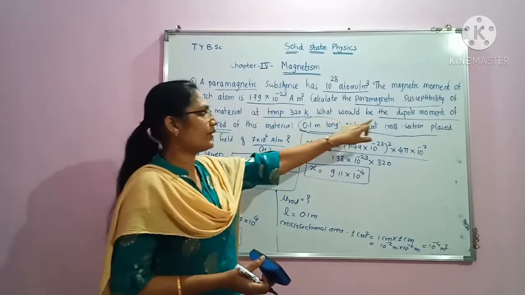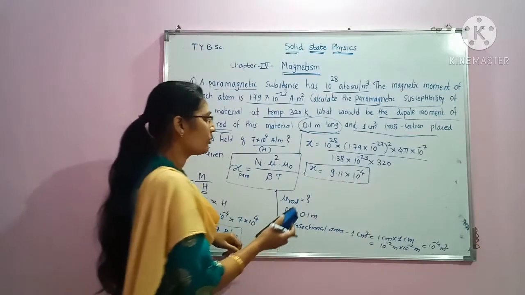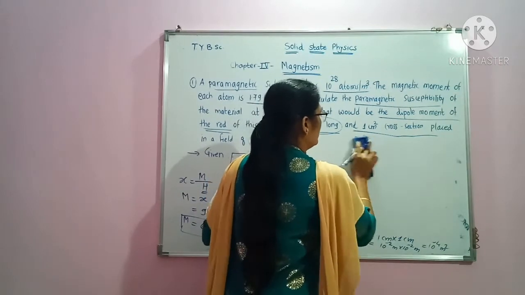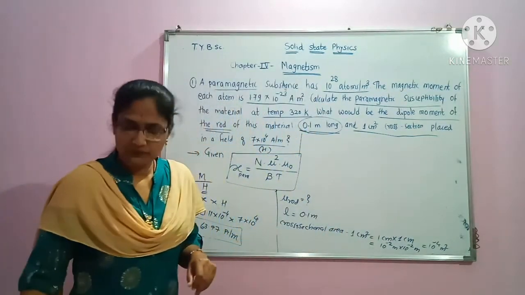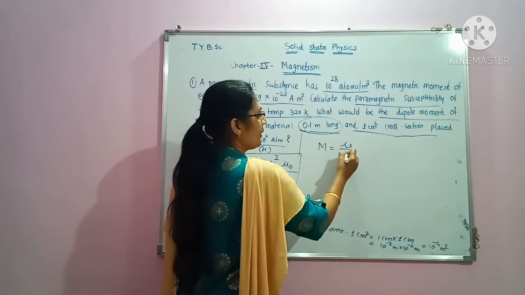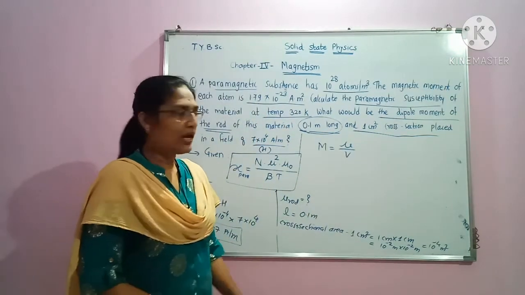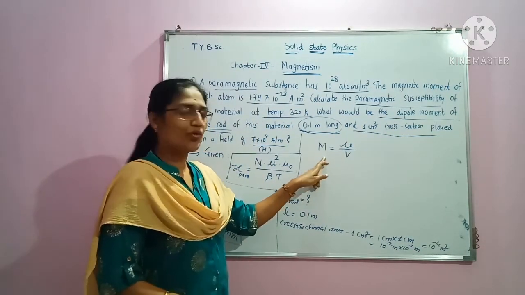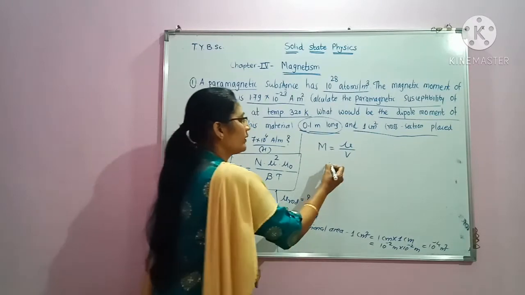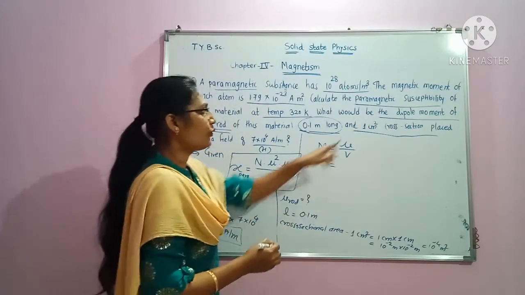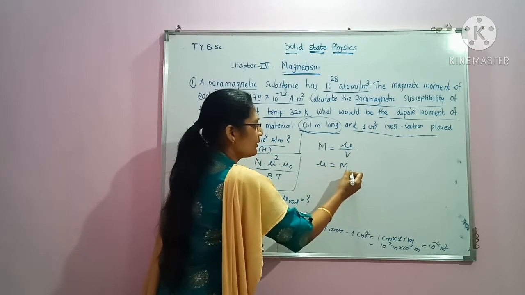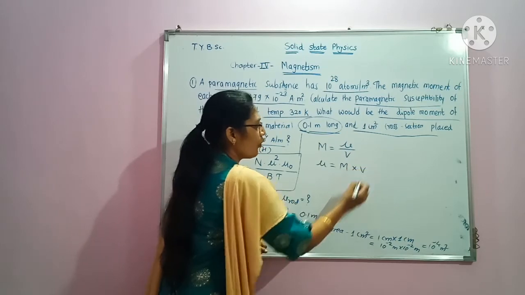Now we have to calculate the dipole moment of the rod. In order to calculate that, we know that magnetization is nothing but the dipole moment per unit volume. So here we have to calculate the dipole moment: mu is equal to magnetization produced in the rod into volume.